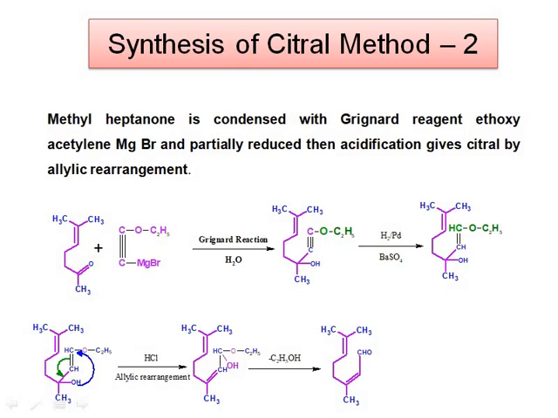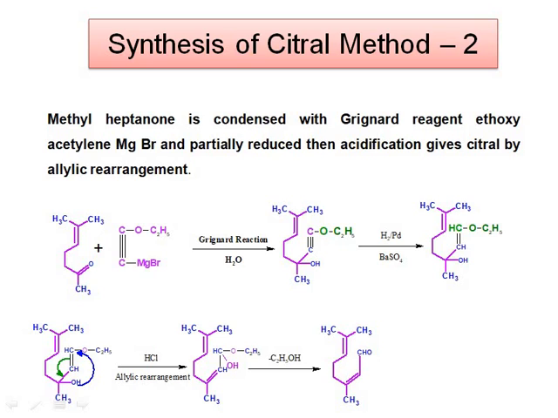You know the rearrangement? In rearrangements, a group transfers from one position to another position, right? This OH transfers from this to this carbon, and the carbon double bond transfers here. So carbon-carbon double bond is here, OH is there. And then after this, we form the carbon-carbon double bond here with loss of ethoxide, right?